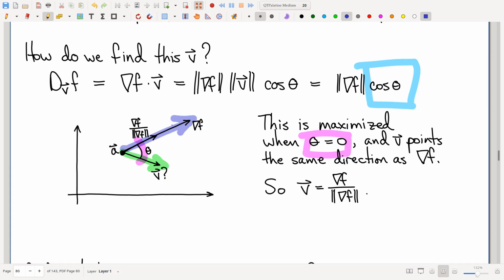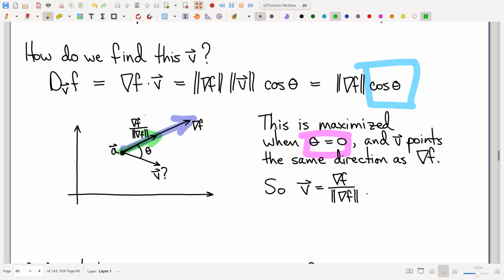And now, geometric appeal: if you need that purple angle to be 0, what green vector makes that purple angle 0? Well, the one that's hard to draw. The one that points in the direction of the gradient vector, where again, the angle is kind of gone.